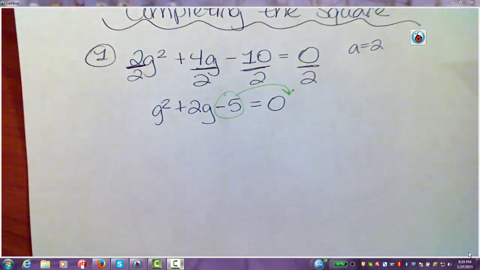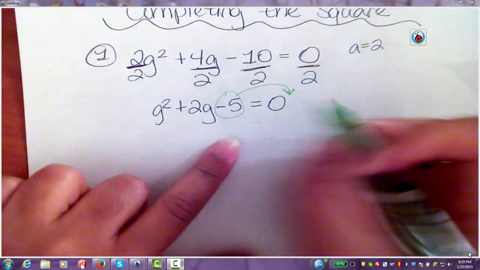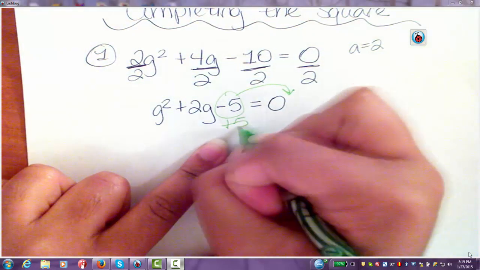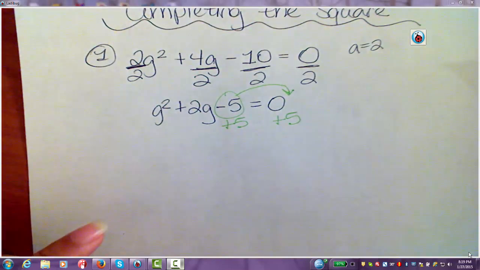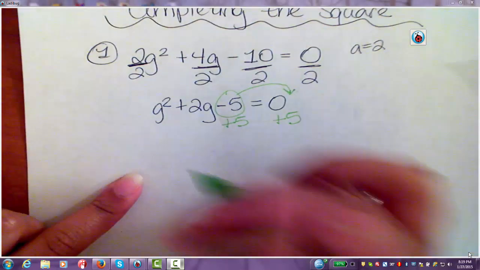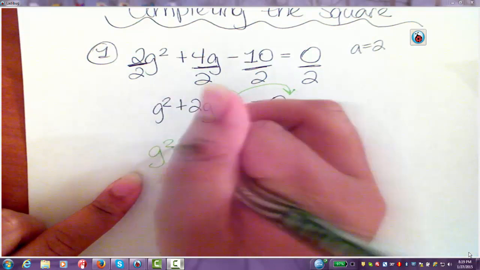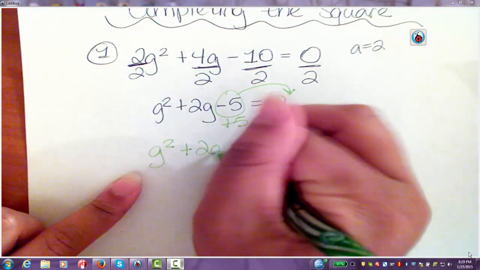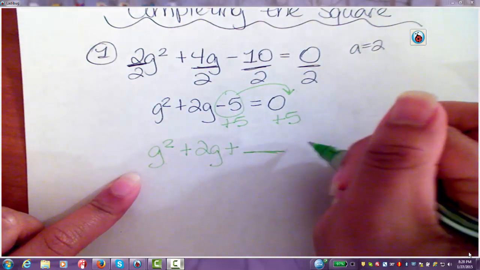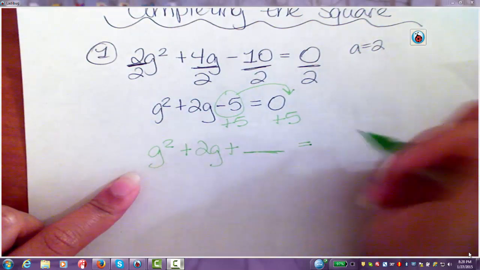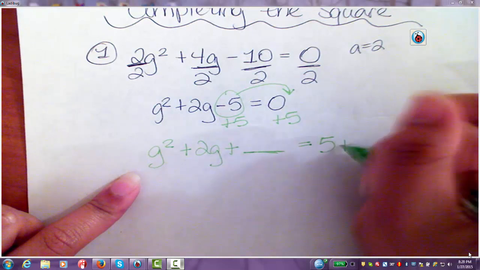In order to do this, we add 5 to both sides. So we get g squared plus 2g plus blank equals 5 plus blank.